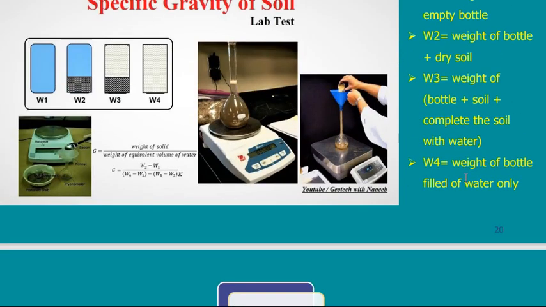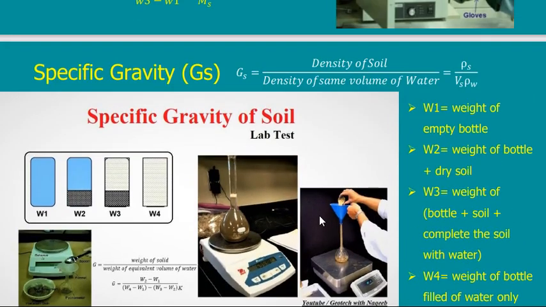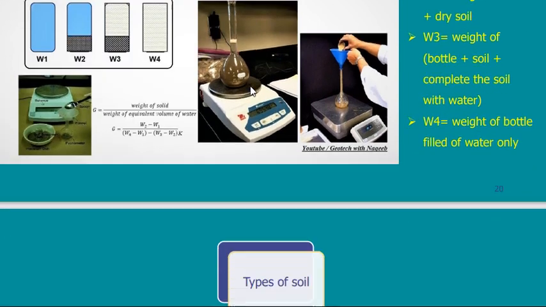You just substitute the measured weights in the equation to get the Gs, the specific gravity of the soil.